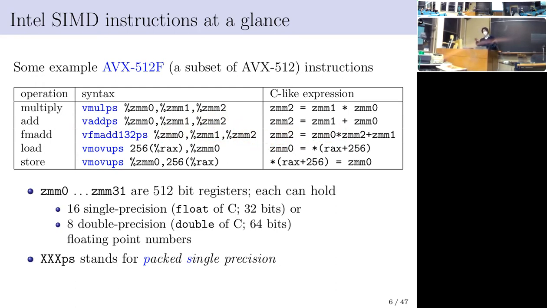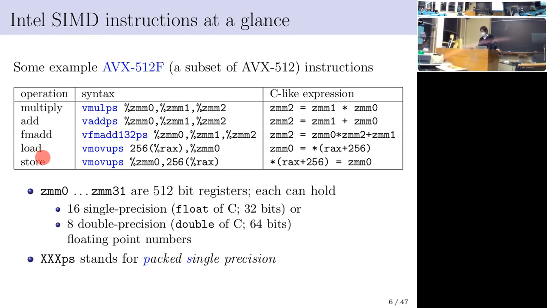And actually, there are some other variations that differ in which operands are multiplied and which operand is added. This is indicated by this mysterious number 132. You get other variants like 213, and so on. Basically, this indicates that you multiply the first one and the third one and add the second one. So this is how you remember.